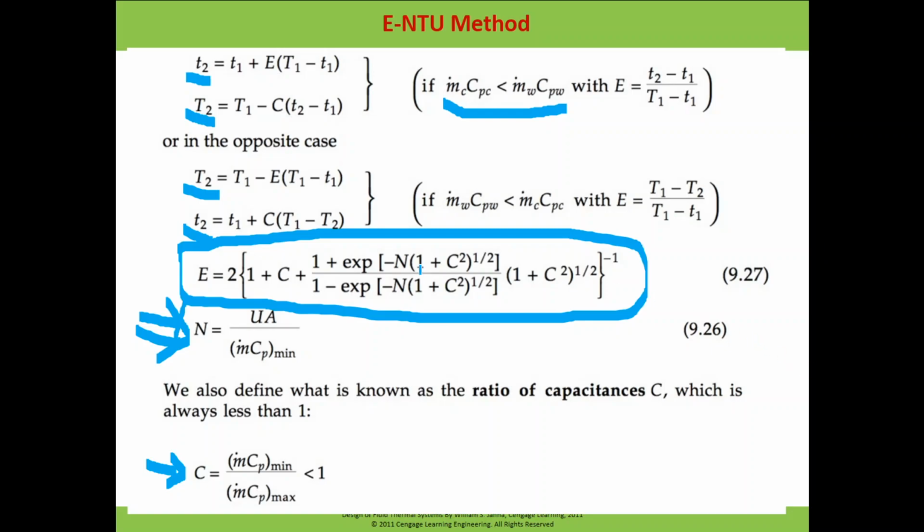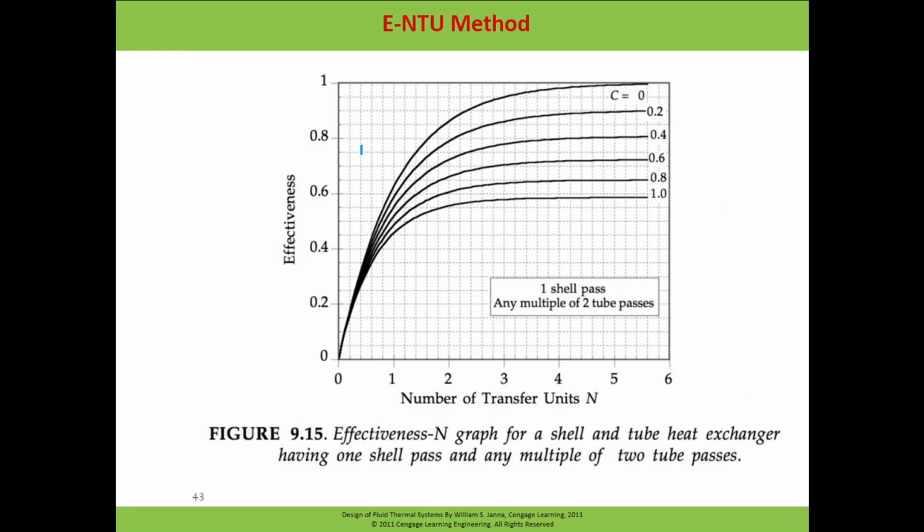So here again we have two ways of finding E. Either you can use this long expression for calculating E, or you can go to the chart, and you need to know the N value and the C value. Corresponding to N and C, you can find the effectiveness.